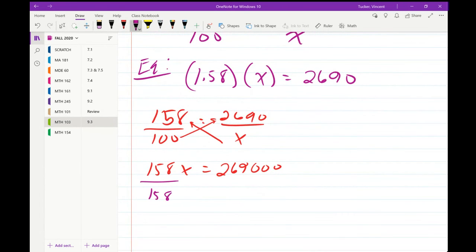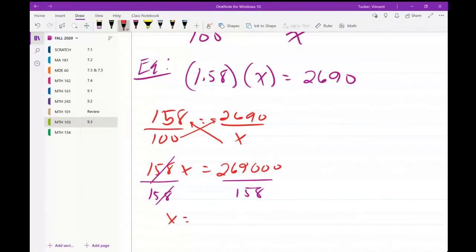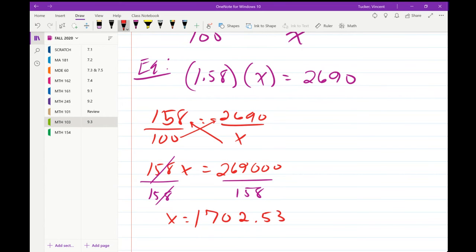I'll divide by 158. X is equal to, I want the actual number. And then round to the nearest whole number, so that's 1703.